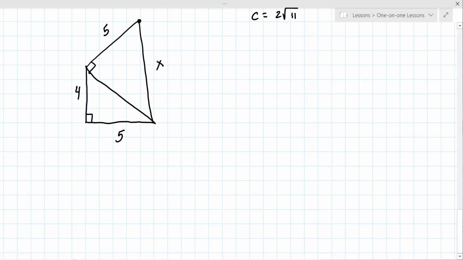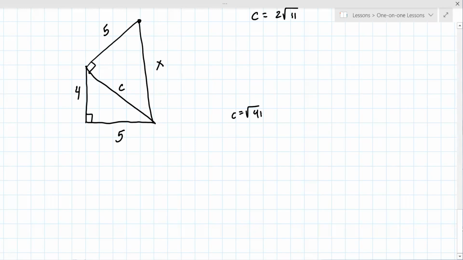I'm confused. So the lower picture here is a triangle. Can you find this third side of the triangle? Okay, so do that for me, please. Find C. It's the square root of 41. Okay. So I see now what I'm supposed to do.